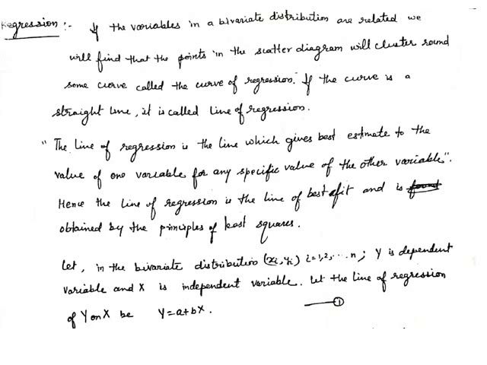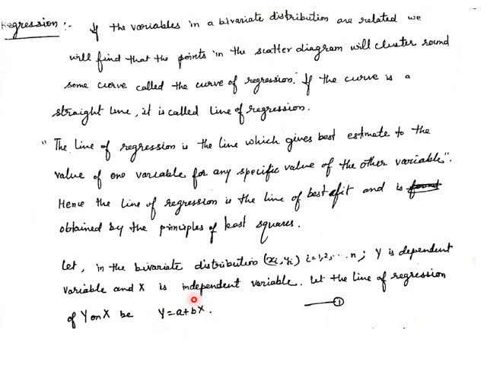By the line of regression, you determine the value of one variable, the dependent variable, for any specific value of the other variable, the independent variable. So, if you assume the line as y equals a plus bx, here y is the dependent variable and x is the independent variable.